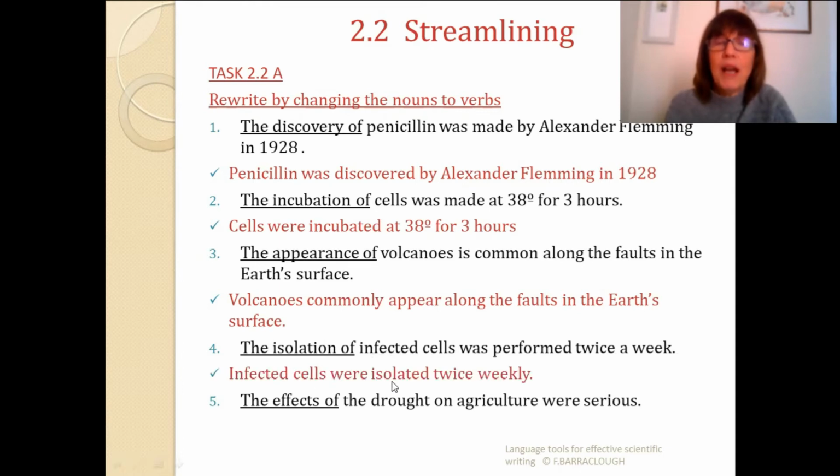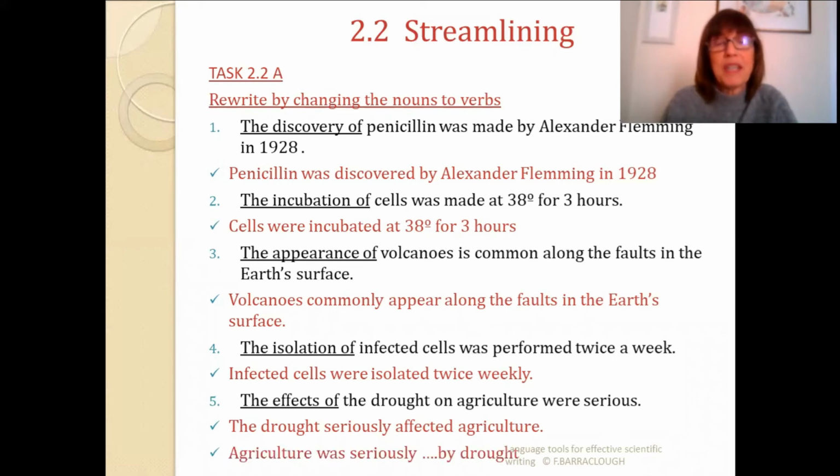Infected cells were isolated twice weekly. And finally, the effects of drought on agriculture were serious. The drought seriously affected agriculture, or agriculture was seriously affected by drought.